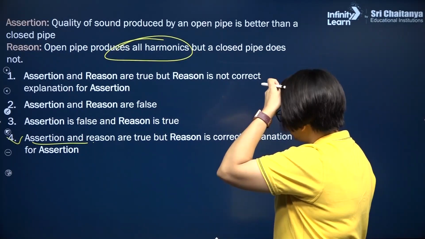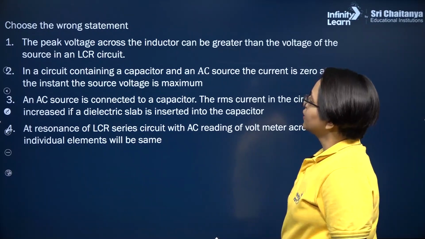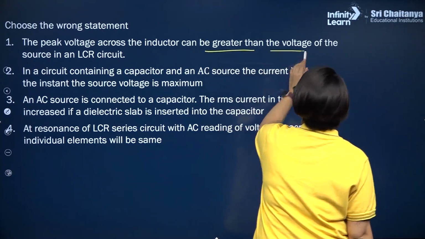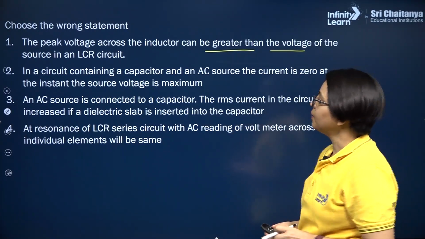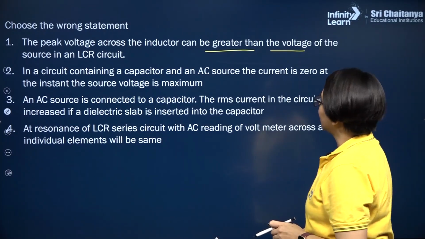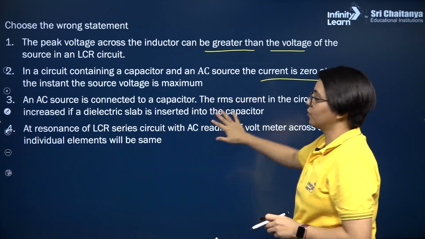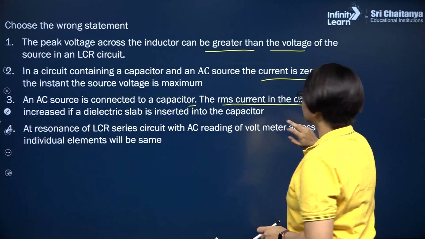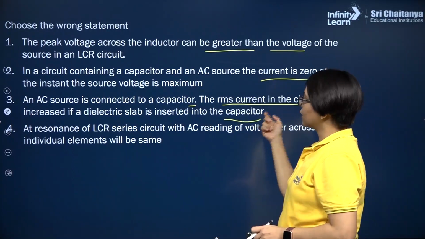Now next is this one, choose the wrong statement. The peak voltage across the inductor can be greater than the voltage of the source in an LCR circuit. In a circuit containing a capacitor and an AC source, the current is 0 at the instant the source voltage is maximum. An AC source is connected to a capacitor. The RMS current in the circuit gets increased if a dielectric slab is inserted into the capacitor.